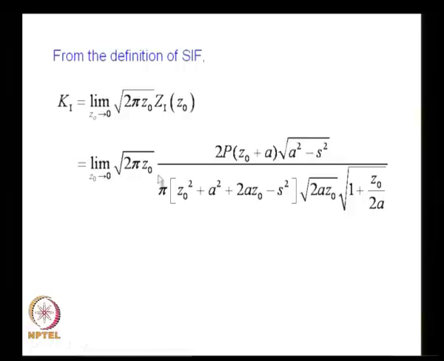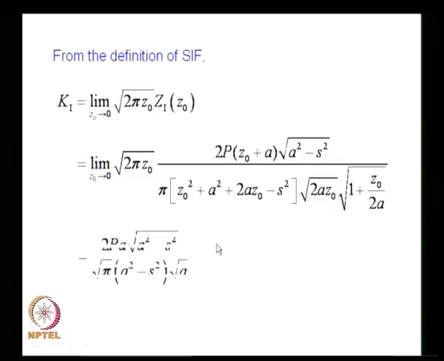So, when I rewrite this expression, it is further simplified. I have 2 z naught and root of 2 z naught, and these two get cancelled, and when I put z naught equal to 0, you will be able to get a final expression for the stress intensity factor K1.